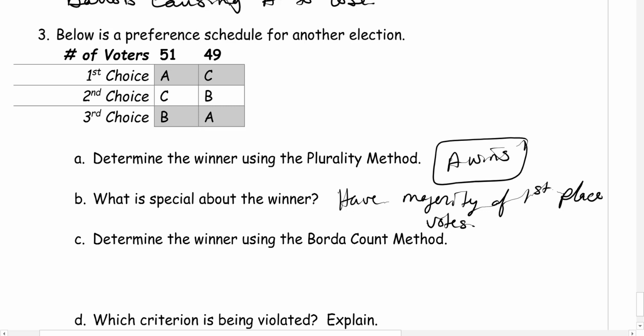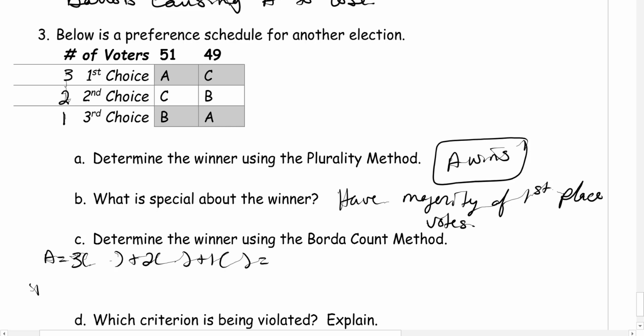And now we want to determine the winner using the Borda count. So remember, with the Borda count, they get a certain number of points depending on what place. So first place will get 3, second place 2, and last place 1. And so when I do this, I like to write out A and then 3 times plus 2 times plus 1 times.